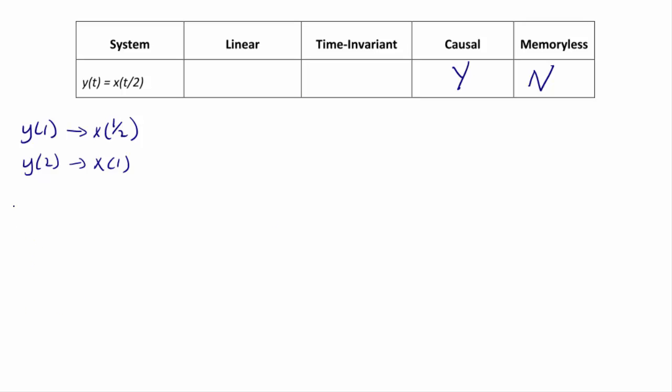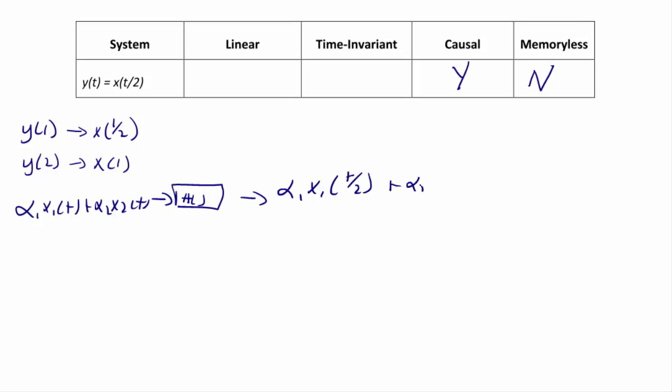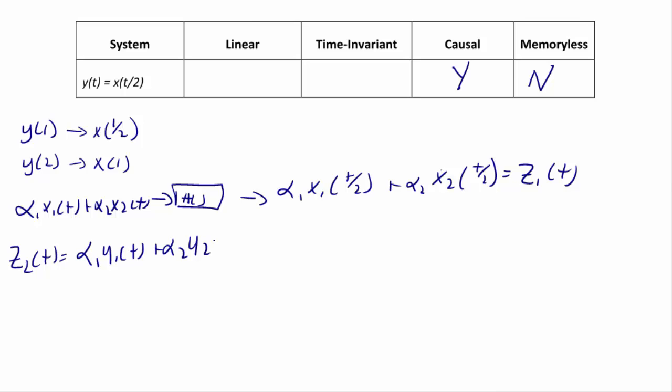So now let's check linearity. So if I have an input, alpha 1, x1 of t, plus alpha 2, x2 of t, and I send that through my function, then the output is alpha 1, x1 of t over 2, plus alpha 2, x2 of t over 2. And this is z1 of t. z2 of t is equal to alpha 1, y1 of t, plus alpha 2, y2 of t.